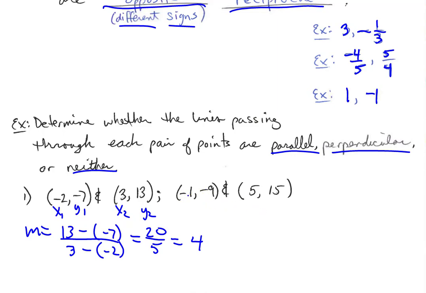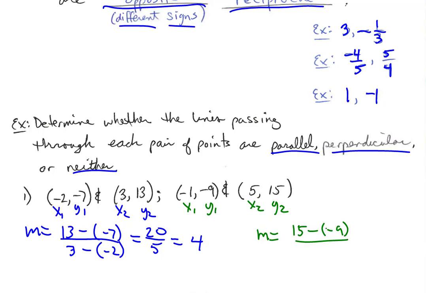We have negative 1, negative 9, and 5, 15. Again, if you label those, we'll pick just x1 and y1 as the first pair, and x2, y2 as the second pair. Then for that line, we could say m equals, and then y2, which would be 15, minus y1, that would be minus negative 9.